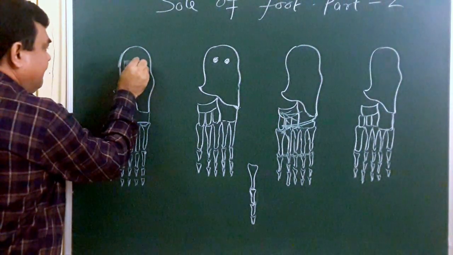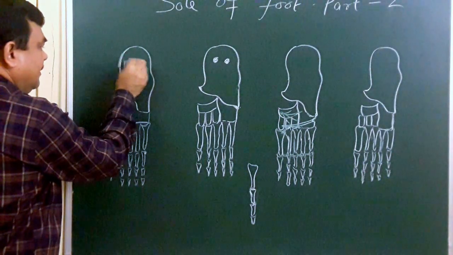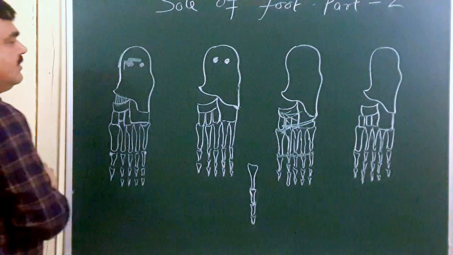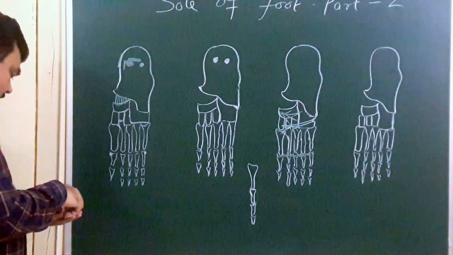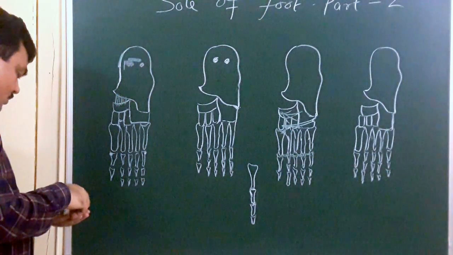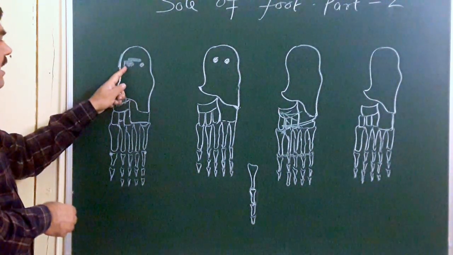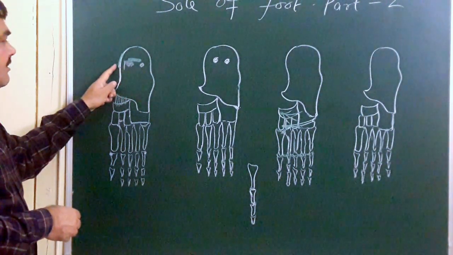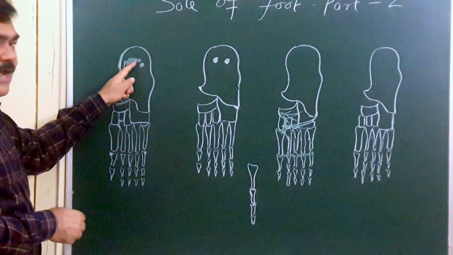Here is the position of the plantar aponeurosis. And the muscle takes origin from the medial tubercle and the adjoining part of the medial intermuscular septum. Here are the flexor retinaculum and plantar aponeurosis.